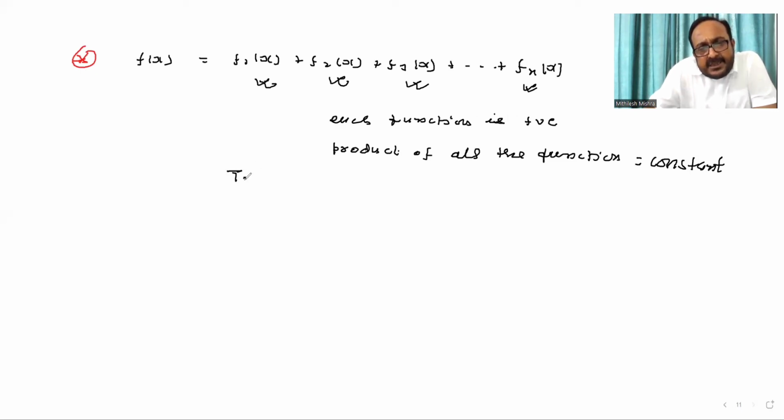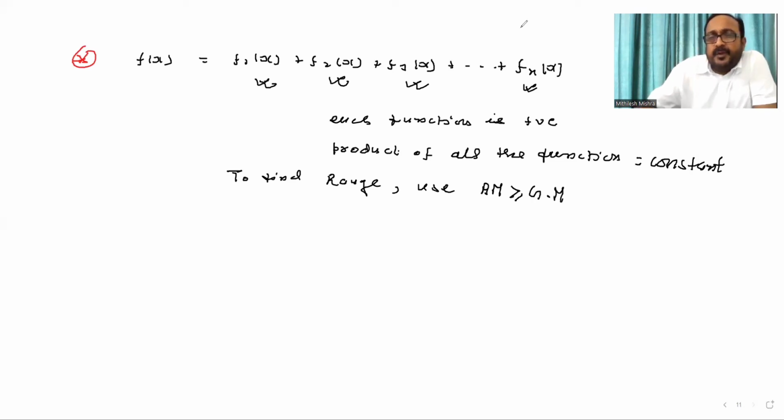Then to find the range, use arithmetic mean is greater than or equal to geometric mean. You are familiar with arithmetic mean and geometric mean? Arithmetic mean of a and b is a plus b upon 2. It's from sequence and series.